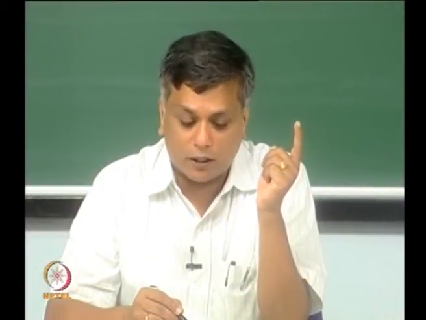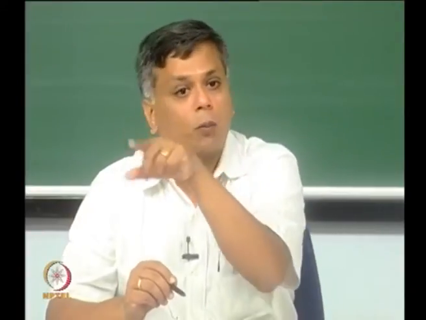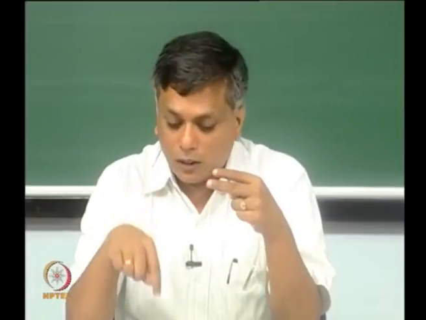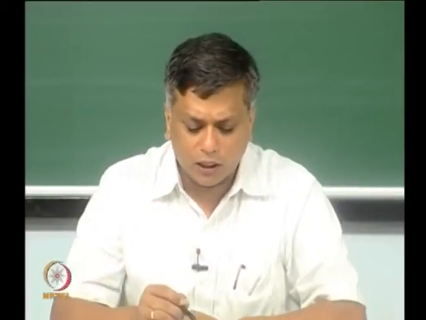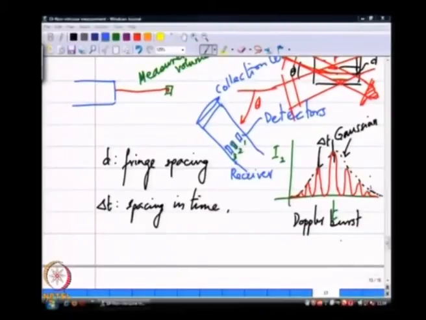If I know the intensity versus time Doppler burst pattern on detector 1 and then detector 2, I have 2 different Doppler bursts. From that I can get both the size, which is the fringe spacing, as well as the peak in the frequency, which is related to the velocity. So, really speaking, if I have 2 detectors, that gives me enough information to calculate both the fringe spacing and the velocity independently, knowing essentially the phase shift in this Doppler burst.